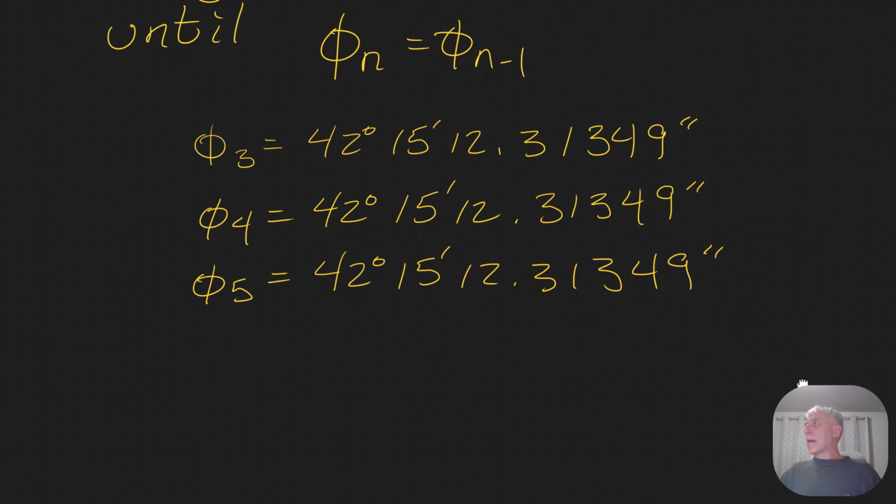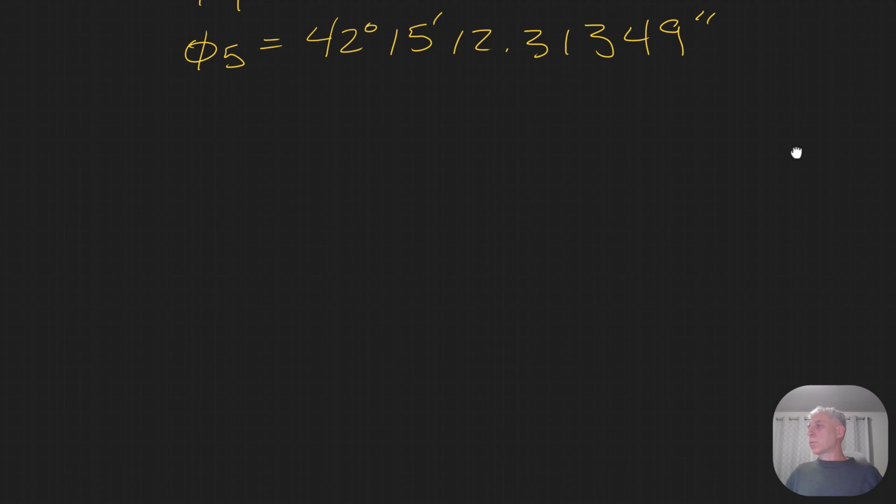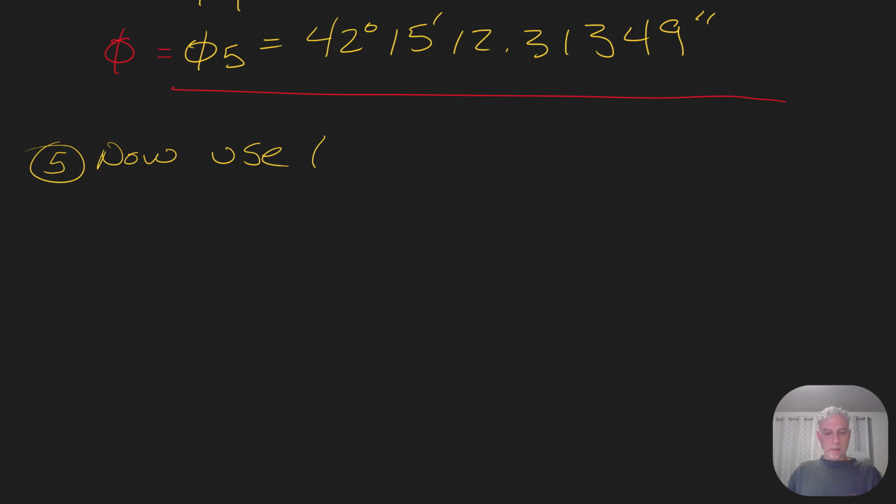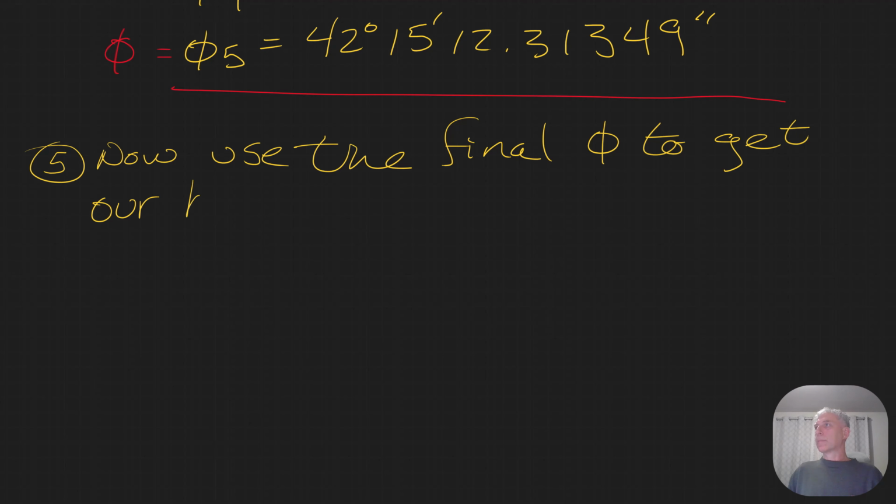So we have our latitude, and we're going to stick with that. So here is our good latitude. So we're going to say phi that we're looking for is equal to that value. So step 5, now use the final accepted phi to get our height, h.